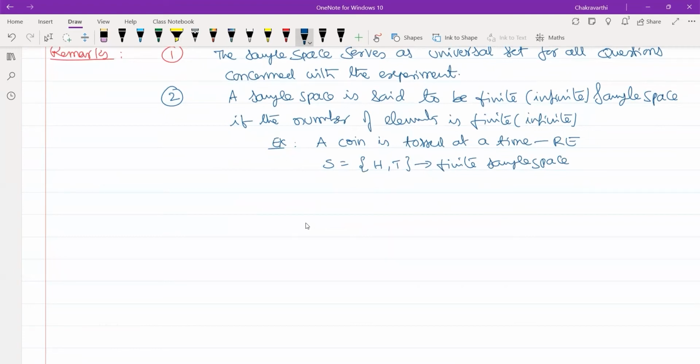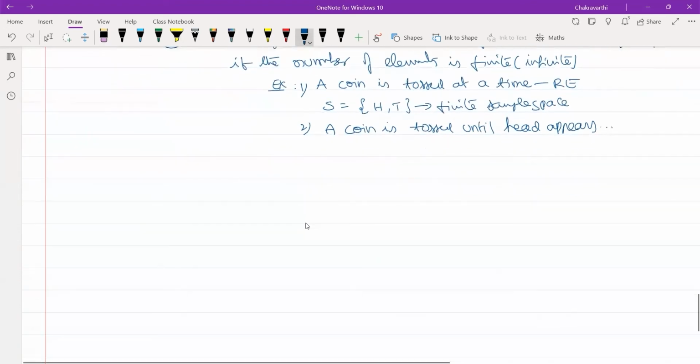Here is another example. Same experiment: a coin is tossed until head appears. Now the sample space is a very important concept. "Until" is a very important word.